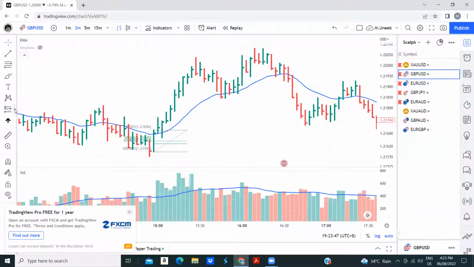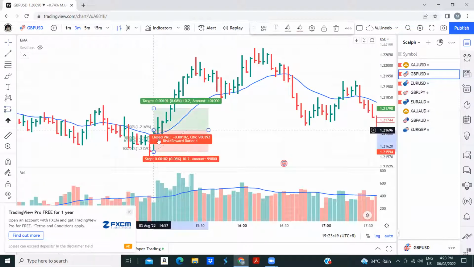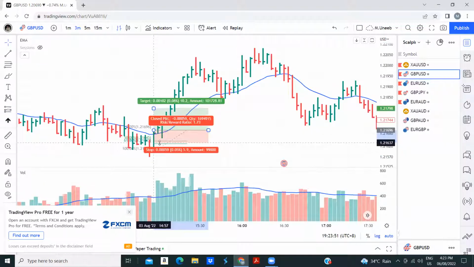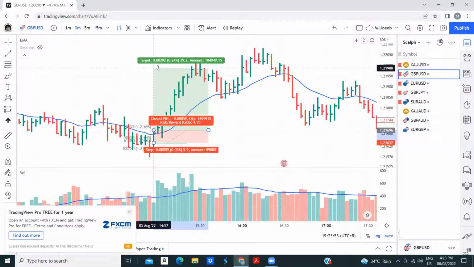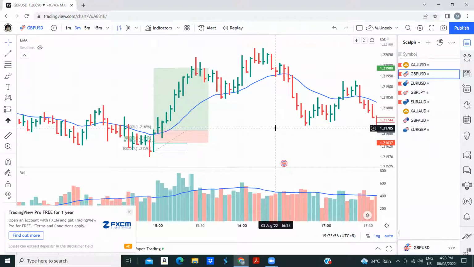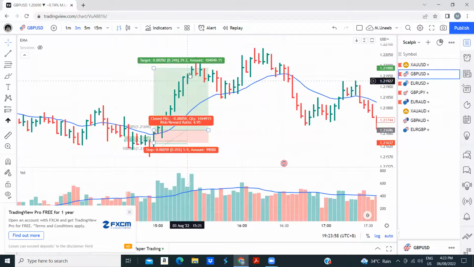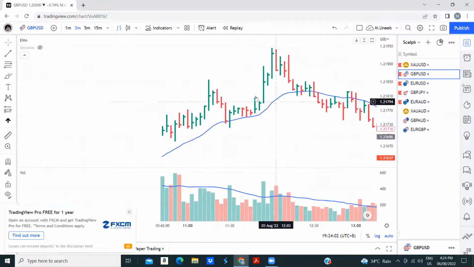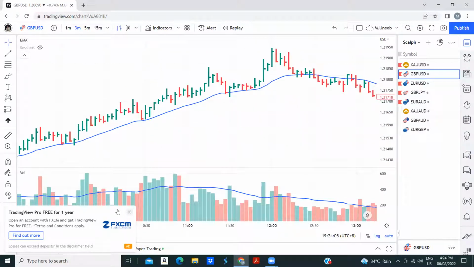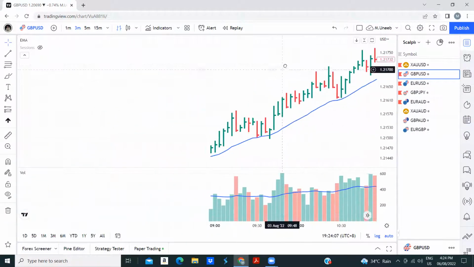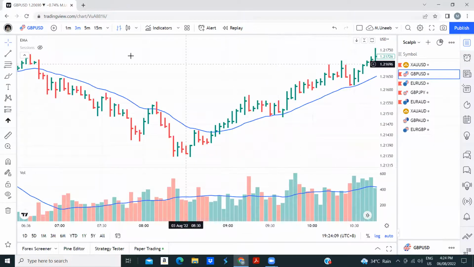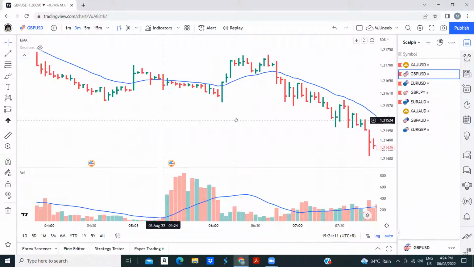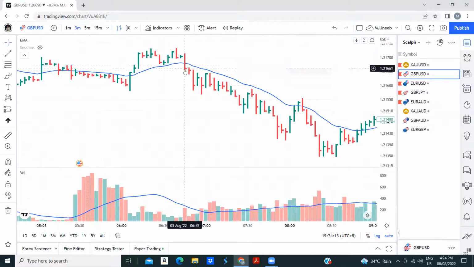Okay, let me show you. Entry, stop, target. Got it? So you see, you can still grab a lot of this whole move to the upside. This bar, for example, is a huge bar, and you enter right over here, as I told you.